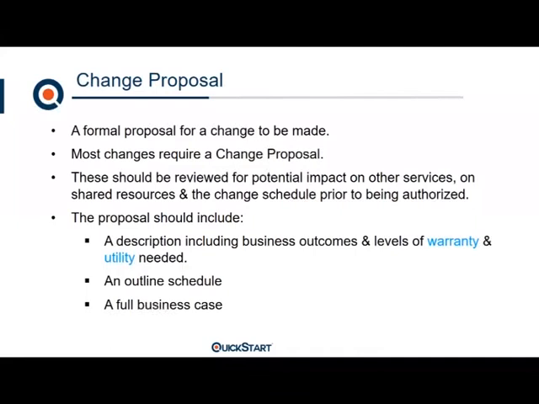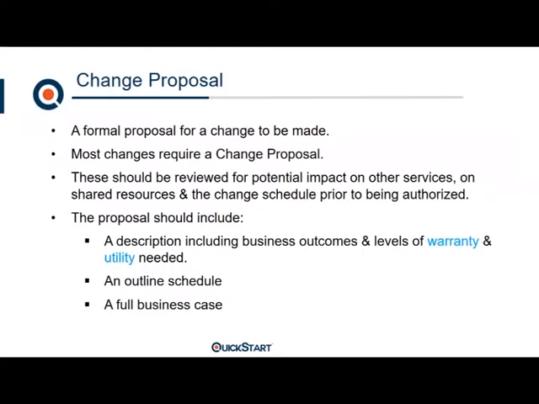So with the change proposal, as I said, you document and write down all the changes you would like to have. You describe why you would like to have this change, what the result of this will be, and what desired outcomes you are expecting from this change.